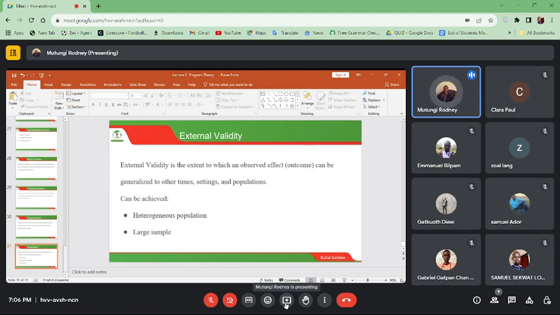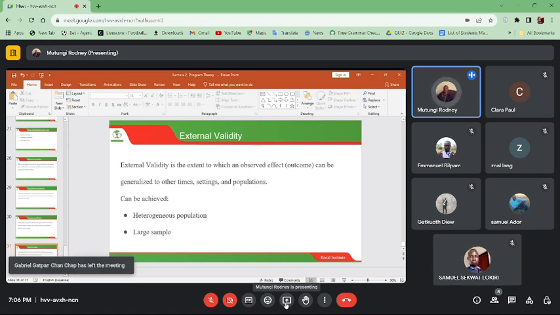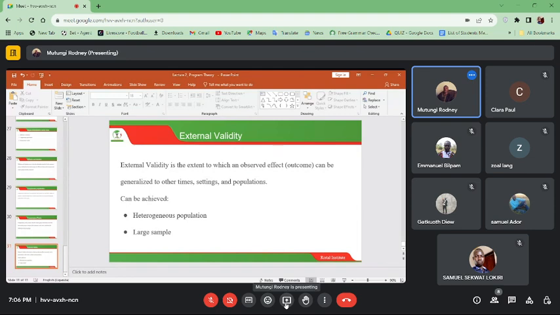Then lastly, we have external validity. In this case, we are looking at the extent to which the observed outcome can be generalized to other times, settings, and populations. And for you to achieve this external validity, you need to have a population that is not just homogeneous, that has a lot of characteristics.